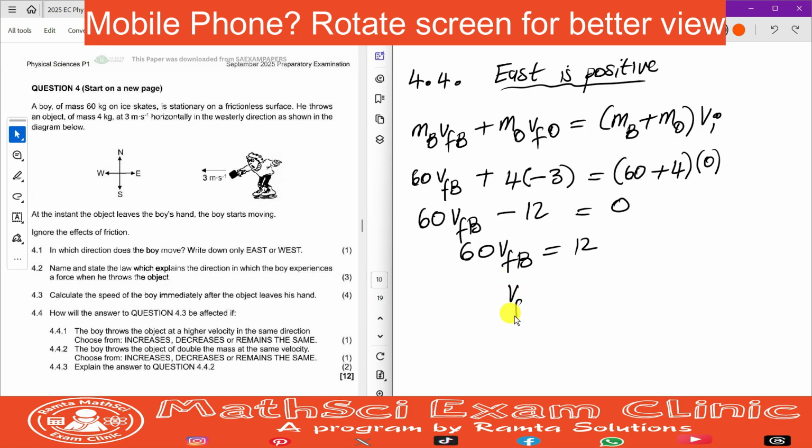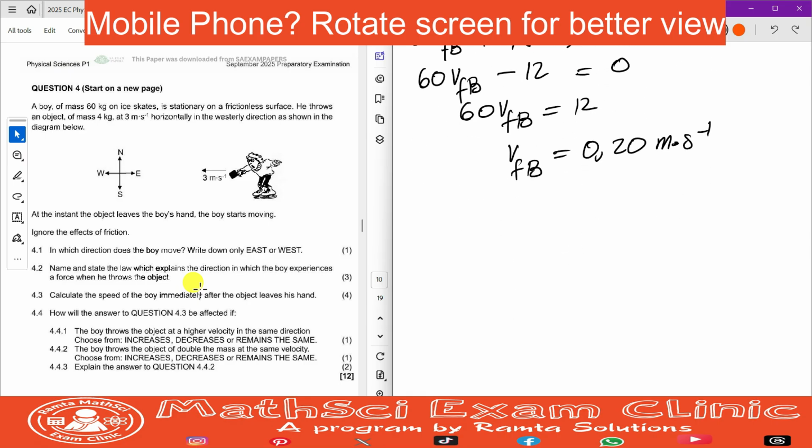So the final velocity of the boy is 12 over 60, which is the same as 1 over 5. So our answer is 0.20 meters per second. The question said we must calculate the speed, so we don't have to worry about the direction because it just wants the speed. Okay, perfect.